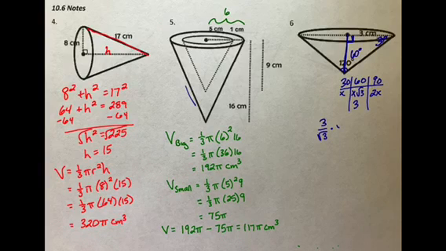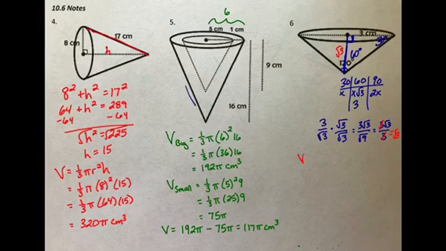But since I can't divide by a square root, I'm going to rationalize. So I'll multiply both the numerator and the denominator by the square root of 3. So I get 3 square root of 3 over the square root of 9. And the square root of 9 is 3. So then my 3's cancel, and I'm just left with the square root of 3. So that would be the height of that cone.